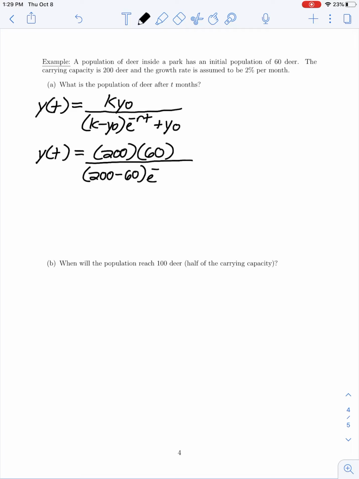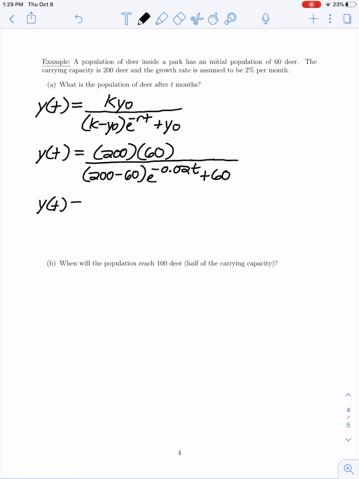Now r is our growth rate, which we were assuming is 2% per month, or 0.02 per month, times t, plus y naught, which was our initial population, 60.